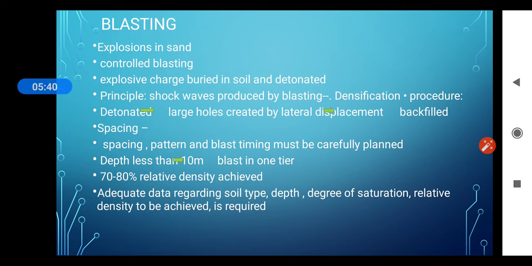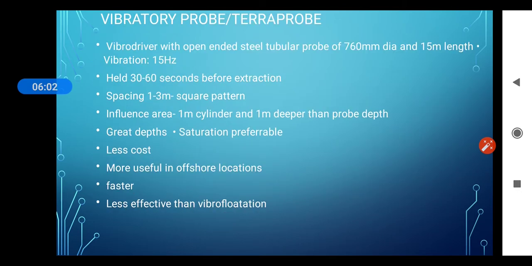From this method we can compact the soil and achieve a relative density of 70 to 80%. Adequate data regarding the soil type, the depth, the degree of saturation of the soil, and the relative density to be achieved is required. This is about blasting.